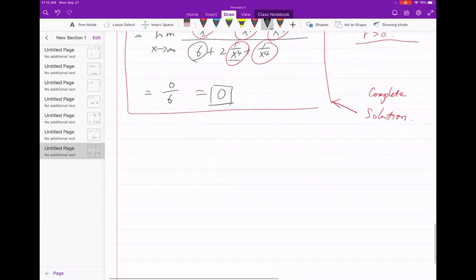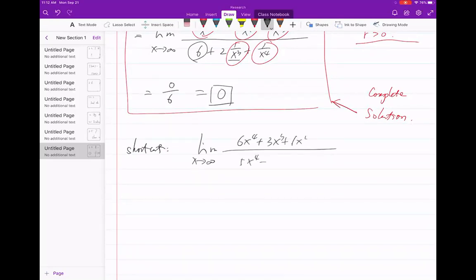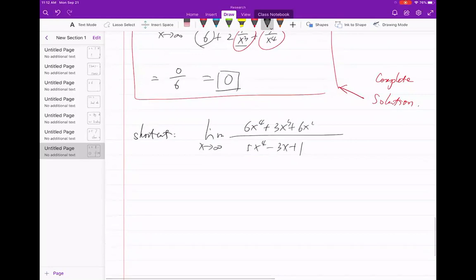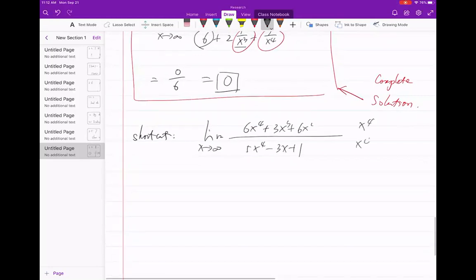Of course, if you want some shortcut, let's take a look at what we're really doing. Clearly, to show the steps, you have to divide by x to the fourth and x to the fourth on the bottom, right?